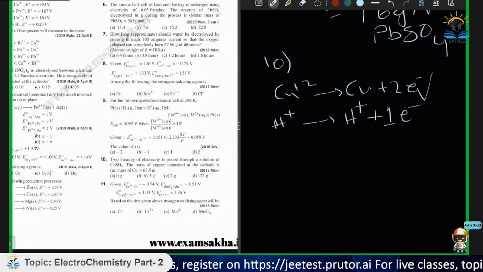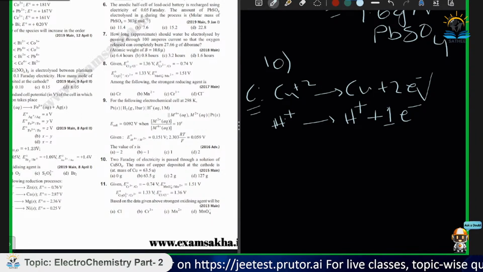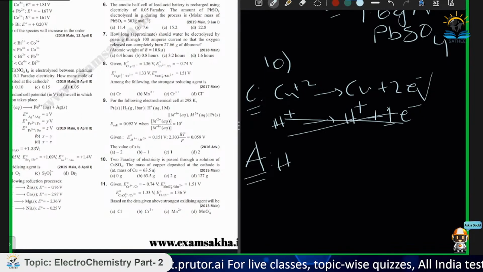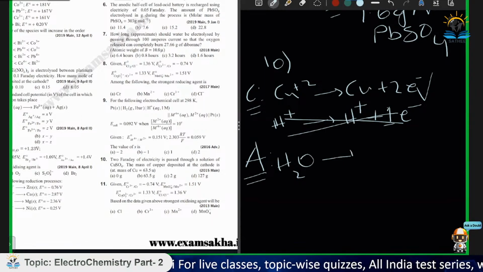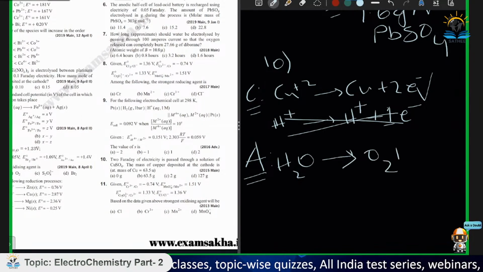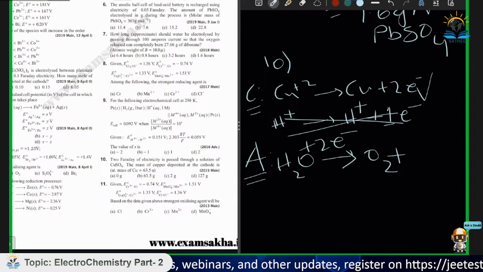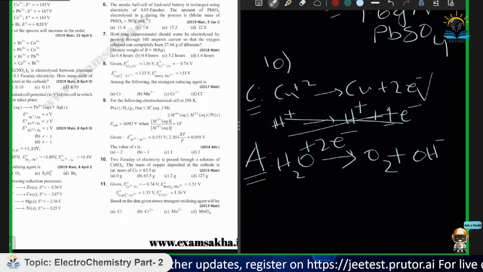Your anode reaction: at the anode, H2O oxidizes and O2 forms.